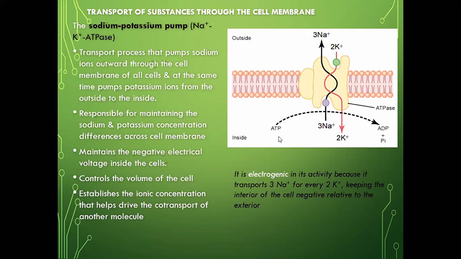This is responsible for maintaining the sodium and potassium concentration difference across the cell membrane. This maintains the negative electrical voltage inside the cells, and this controls the volume of the cell. This establishes the ionic concentration that helps drive the co-transport of another molecule. This one is electrogenic in its activity.